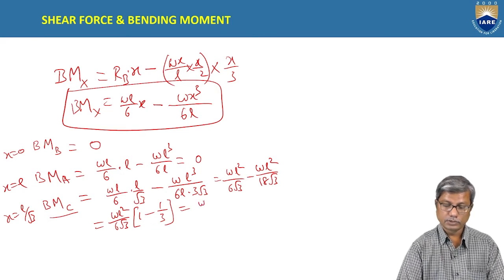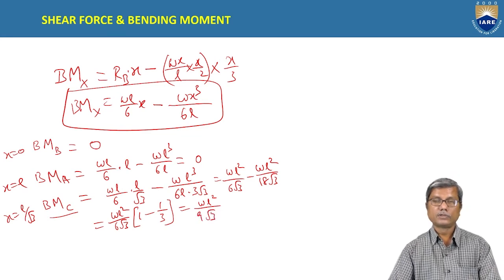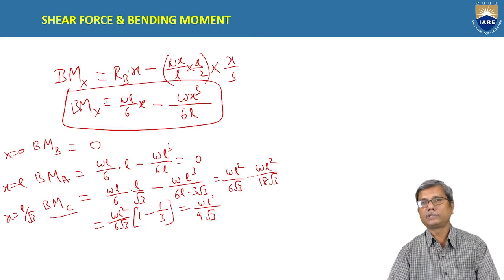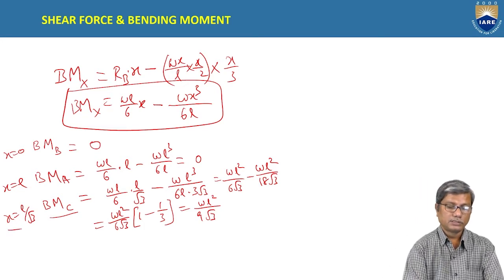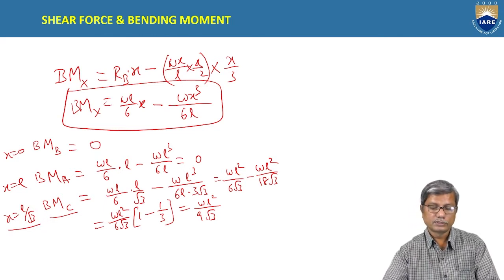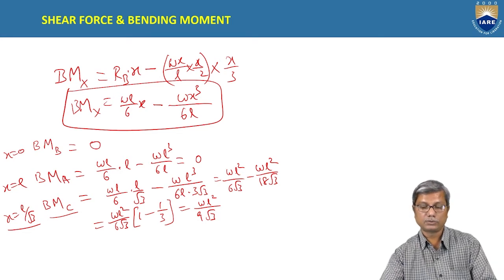So WL square by 9 root 3 you will get. The bending moment at C, which is maximum, because the shear force is changing sign at that distance. Okay, it is clear. So that will be WL square by 9 root 3.